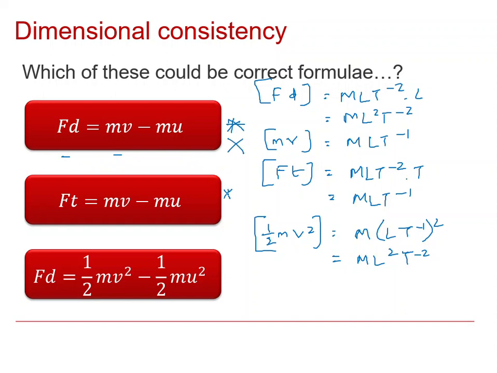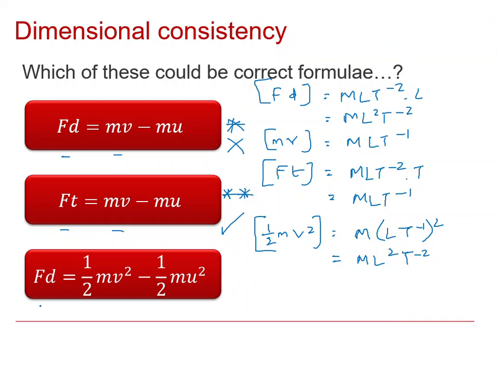Now look at the second one, which I'm marking by 2 asterisks. Here you've got an Ft term, which has dimensions from the right MLT to the minus 1. And that does match the mv term. That also is MLT to the minus 1, and mu will be the same as we've already agreed. So that one is acceptable from dimensional consistency's point of view.